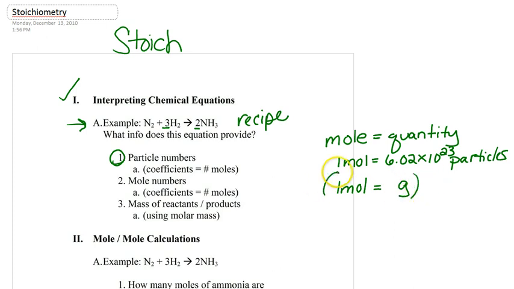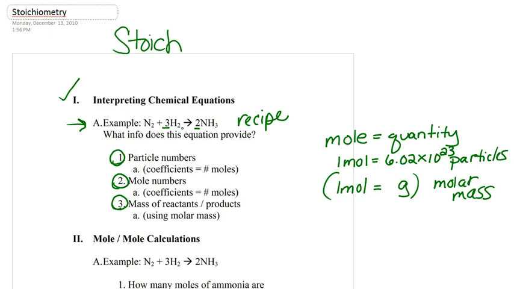And that is the molar mass. So it tells us the number of particles. The equation will also then tell us the number of moles based on our coefficient. And what's very interesting is that I can also then find out the mass of my reactants and products by using molar mass, using our handy-dandy periodic table.